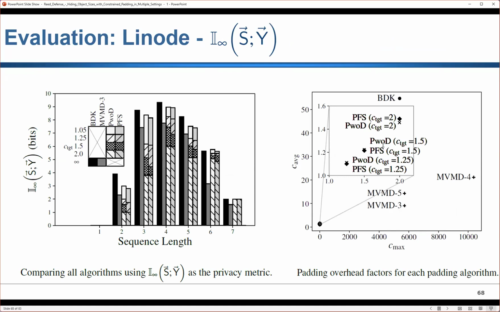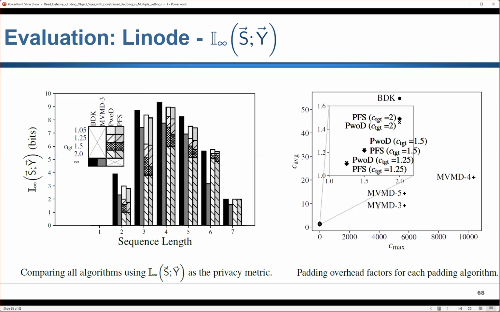In this data set, the maximum and average padding factors applied by the competitors were so large that the results for PFS and PWAD have to be this inset here that results in just a single point on the overall scale. So NVMD, set to an L diversity of 3, has a worst case padding applied to any single object of over 5,000, almost 6,000, with almost a 10 times factor overall.